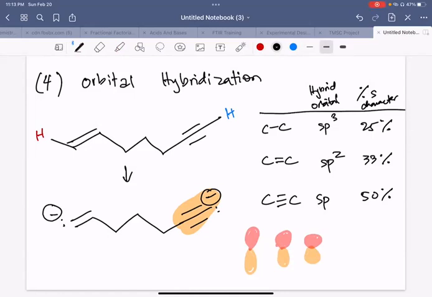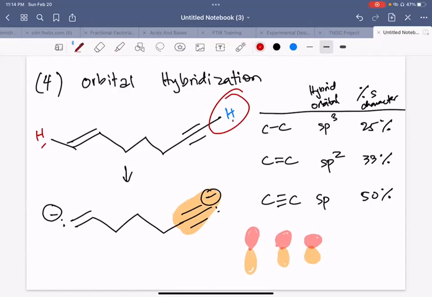The higher the S character, the closer the electrons are to the nucleus. Therefore, the electrons in the hybrid orbital are more stabilized, and when the conjugate base is more stabilized, its corresponding acid is the more acidic one. Therefore, this blue proton is more acidic compared to this red proton because of the sp hybridization of its conjugate base.